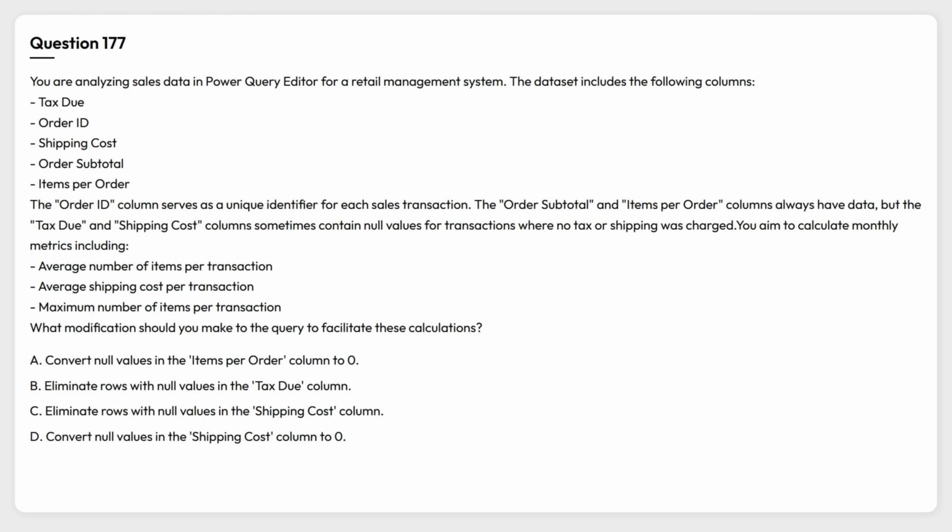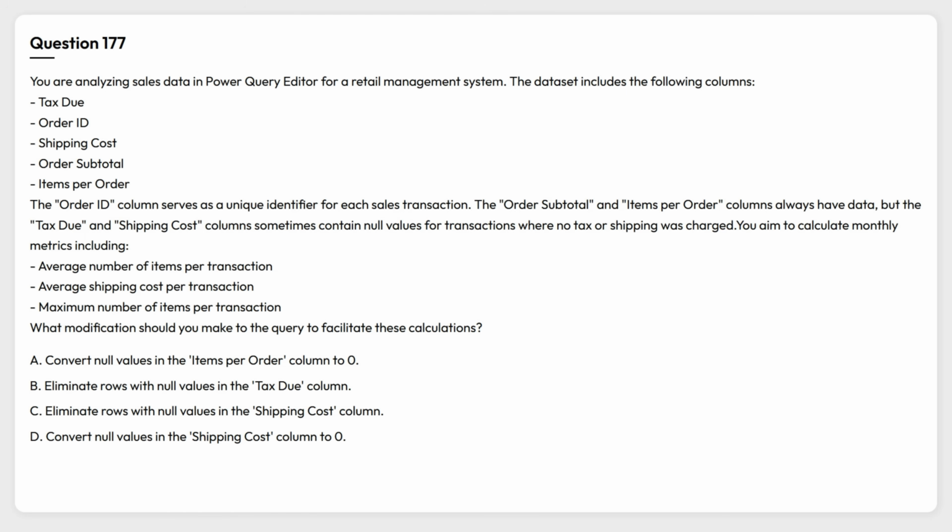Question number 177. You are analyzing sales data in Power Query Editor for a retail management system. The dataset includes the following columns: tax due, order ID, shipping cost, order subtotal, items per order.